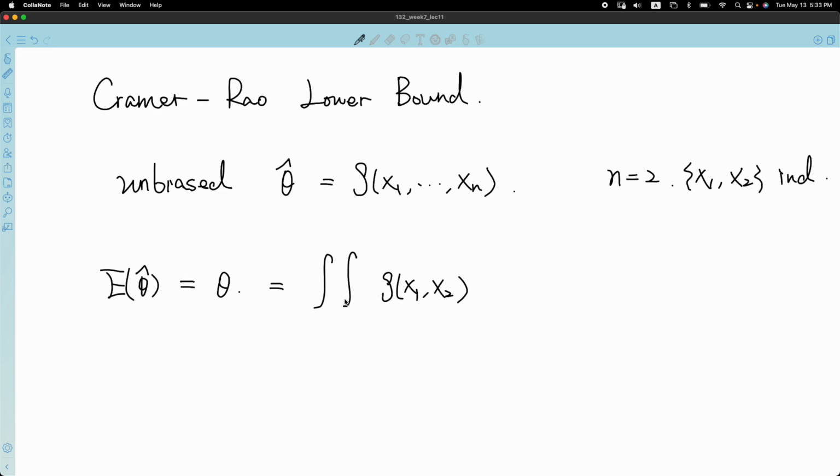That's your estimator, and to calculate the expectation, you need to multiply by the density function, f of x1, x2 semicolon the parameter, and then dx1, dx2. Here I'm just rewriting the definition of the expectation: the expectation of a function is the integral of that function multiplied by the density function. This is what we introduced in week 1, when we introduced the idea of expectation.